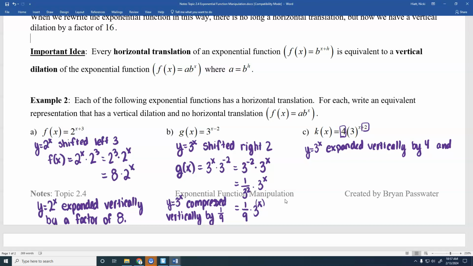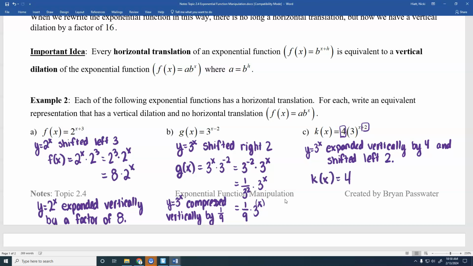Left 2. Okay, so our original already had two transformations. But that 3 to the x plus 2, we could write this way. So we can split it up.